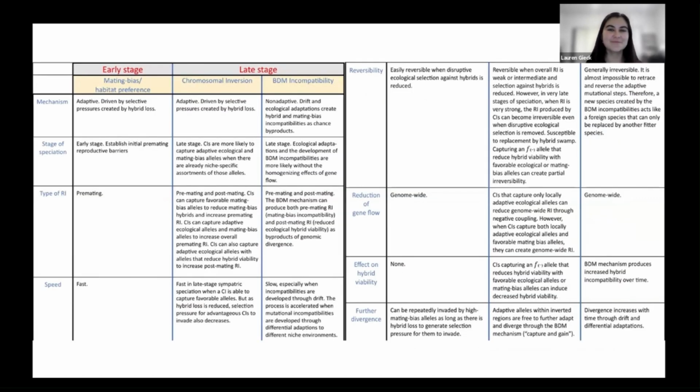I just included this; it's part of our results section as well. It's in our paper, and I'll have a QR code link to it at the end. It discusses in more detail what I went over, the differences we found between how these barrier mechanisms act in early stage and late stage, and also the similarities.